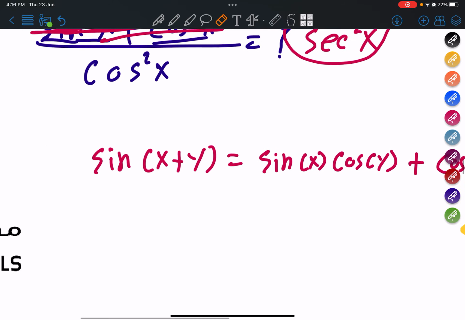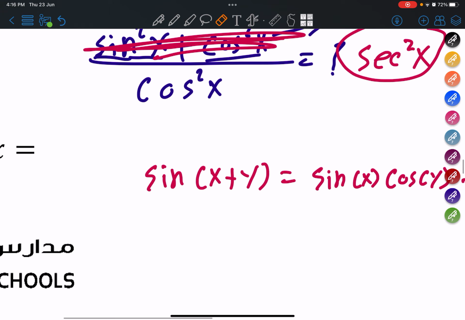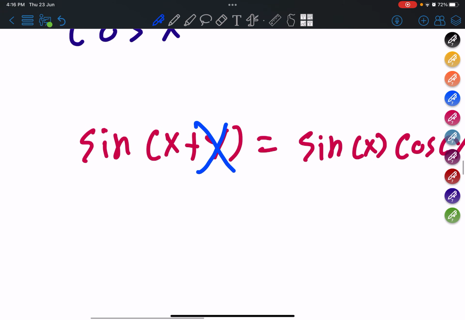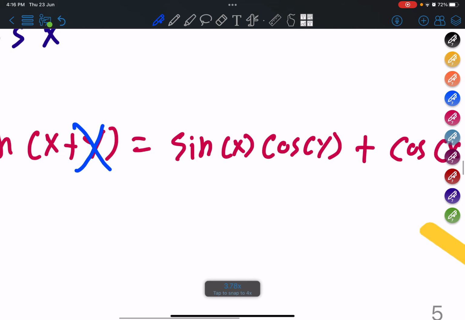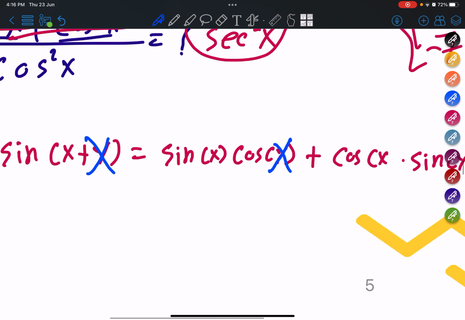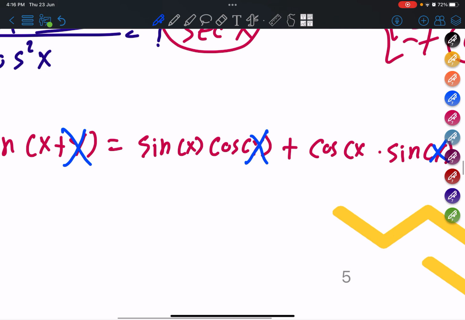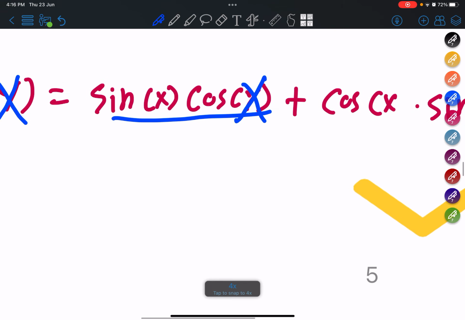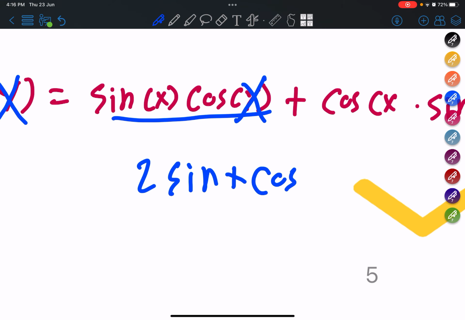Okay, now what is sine 2x? Sine 2x is basically taking y and making it an x. So now we have x plus x, which is 2x. Every time we have y, we'll transform it into an x. So we now have sine x times cosine x plus cosine x times sine x. This will equal 2 sine x cosine x.